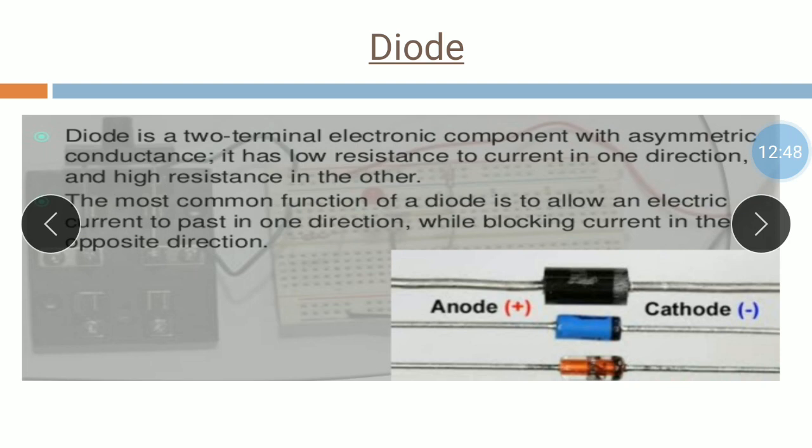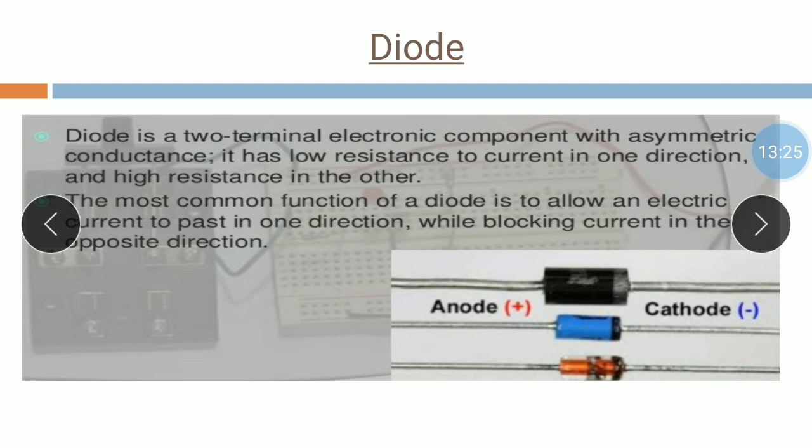In simple language, a diode allows the current to flow in only one direction. How does it perform that? It has two terminals: in one direction it gives a very high resistance, meaning electricity cannot flow through that terminal, and in the other it gives very little resistance, meaning the current can flow easily in that direction.